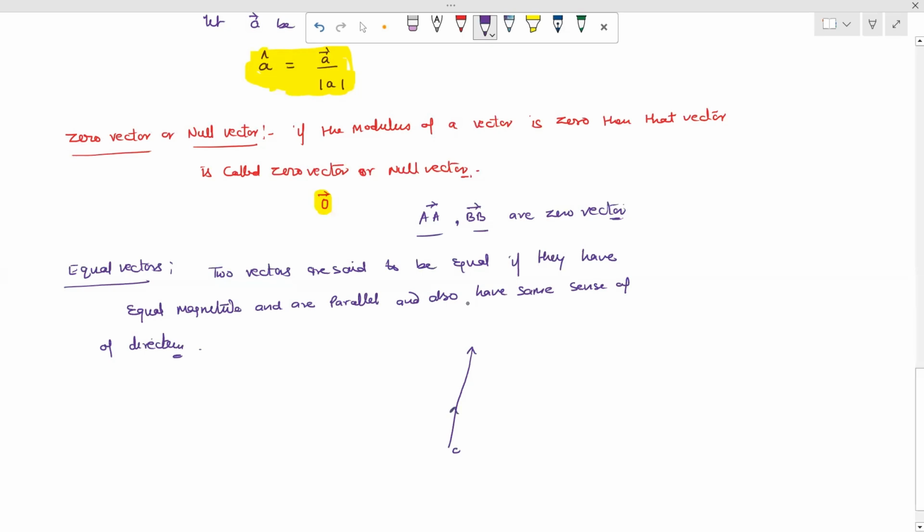So here we have points E, F, and second we have A, B. Then we can say that vector AB is equal to vector CD, which is equal to vector EF. So they are equal vectors.